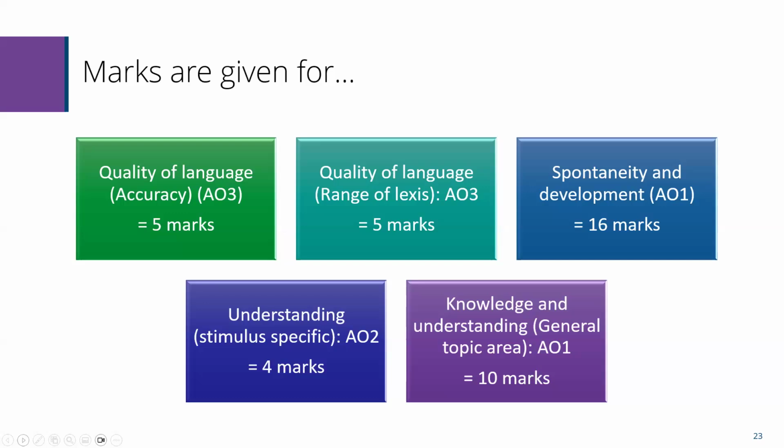But even in those second two, questions 3 and 4, it's good practice if the candidates give us something that references the card, as the card says, as it makes clear in the text, so that we are showing full understanding. And then we're looking for knowledge and understanding of the general topic areas. So that's the AO1 as well.